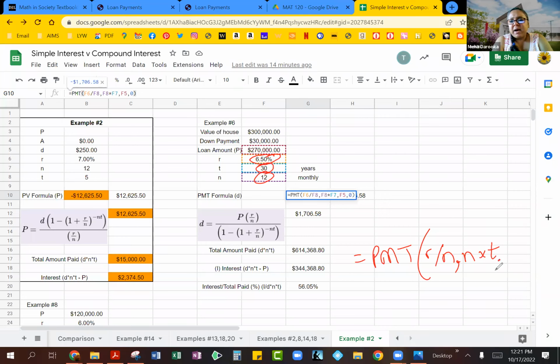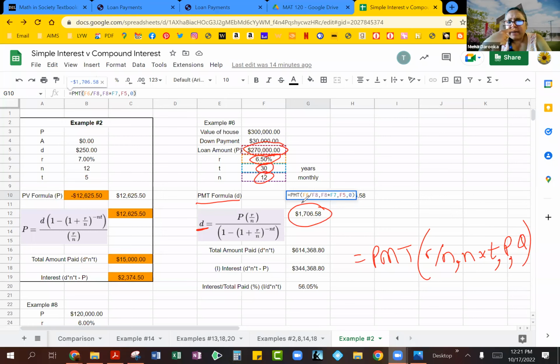Then the next one is your loan amount, which was the 270,000. And then our future value is always 0, so the last argument would be 0 in this case. So if you use the textbook formula or the PMT formula, the dollar amount should come out the same. So I would say just make sure your numbers are all looking okay.